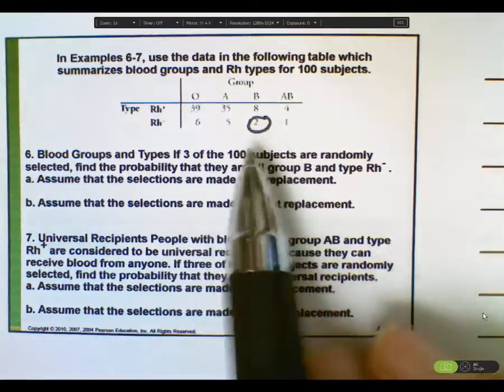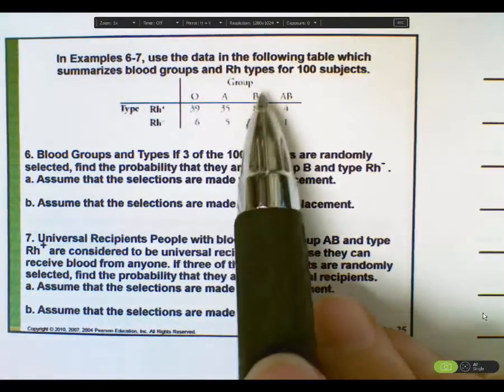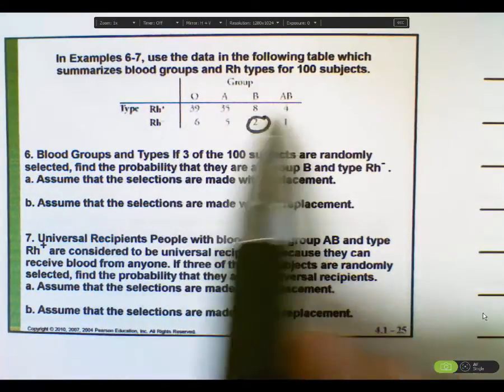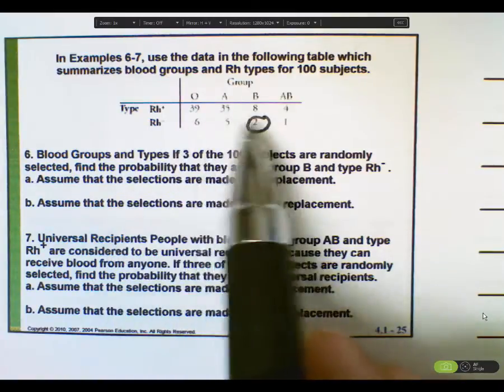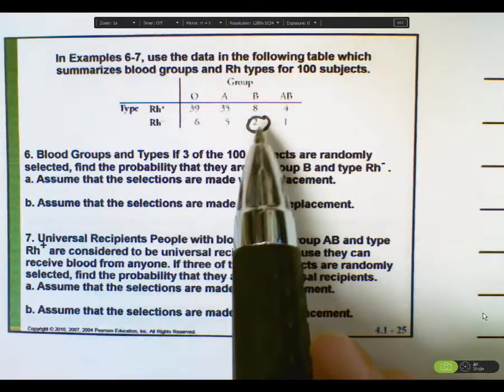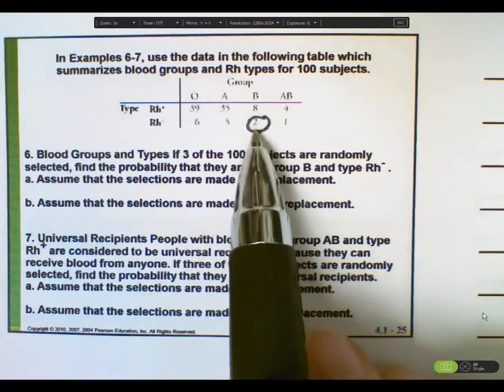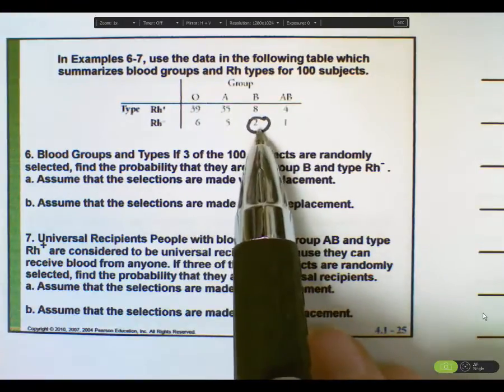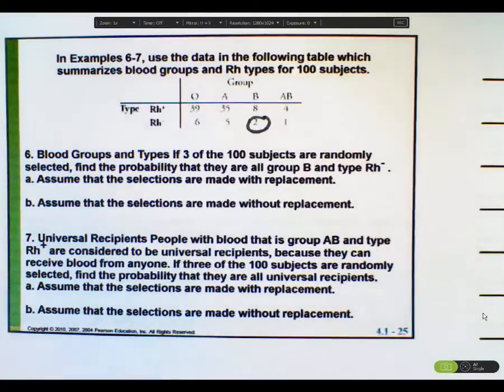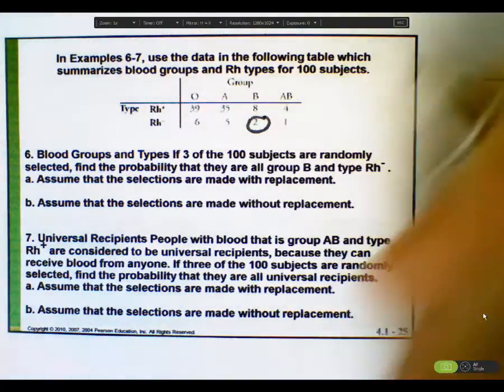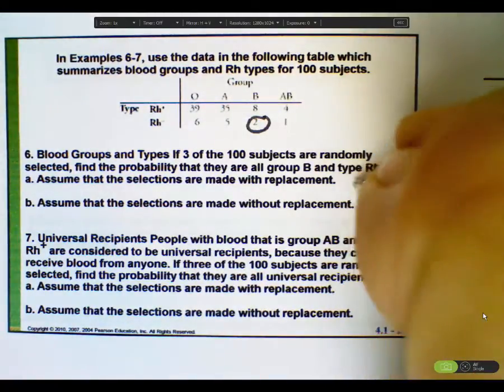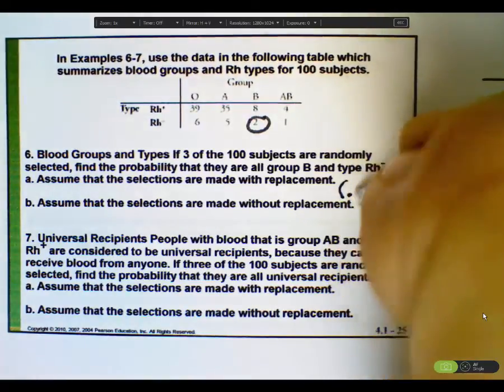Well, I've circled the 2 people who were in group B column and RH negative row. So the probability that the first person is group B and RH negative is 2 out of the total 100. 2 out of 100 is 0.02.